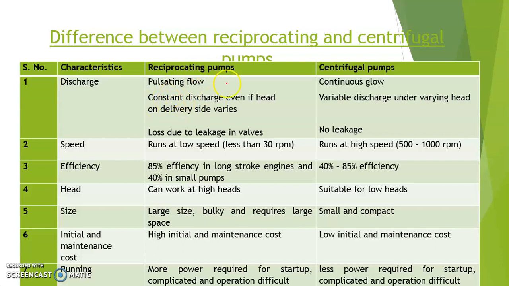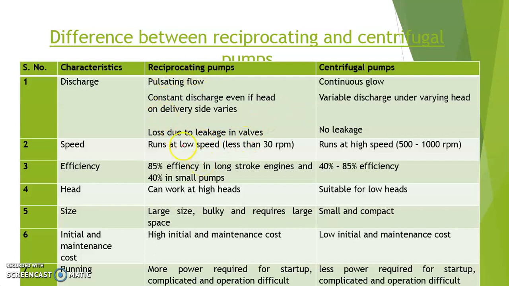Similarly, a constant discharge can be obtained in a reciprocating pump even if the head on the delivery side varies. Whereas in a centrifugal pump, if the head varies, then the discharge also varies.